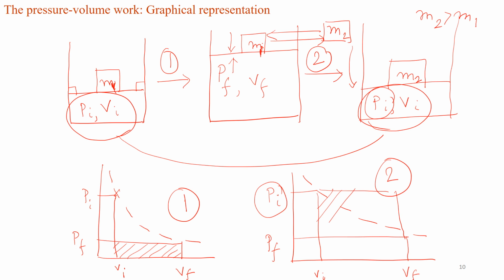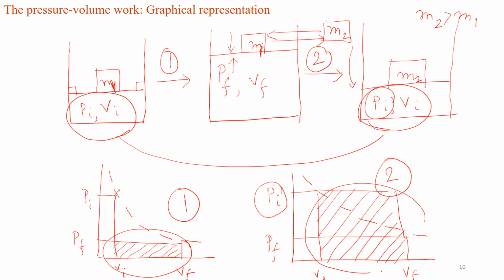So the area under the curve is this. This is what I meant by work of compression is always greater than work of expansion for a single stage process, which means the system did not produce much work, but we had to spend a lot of work in order to bring back the system.